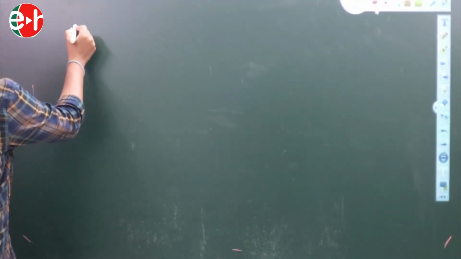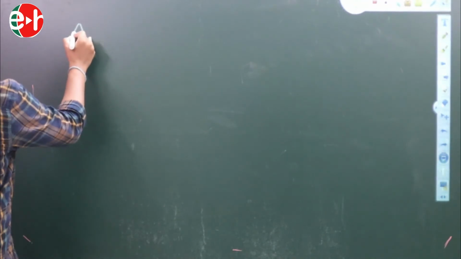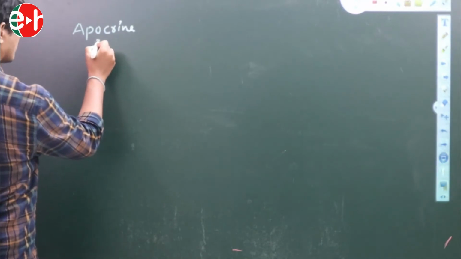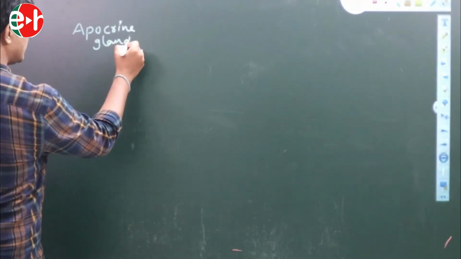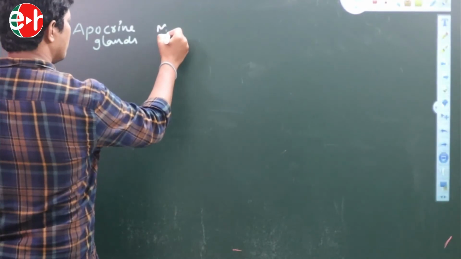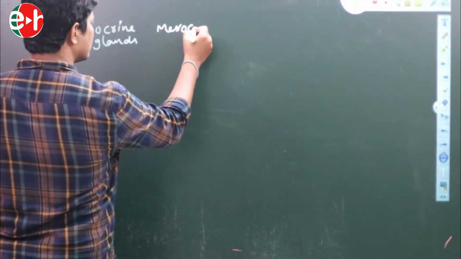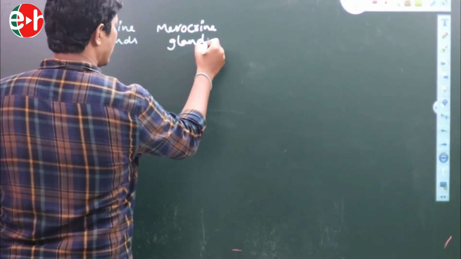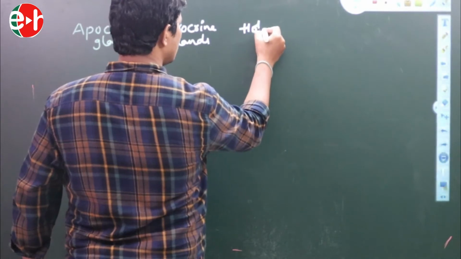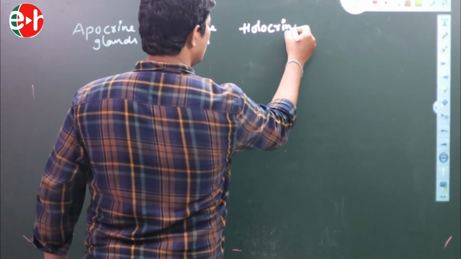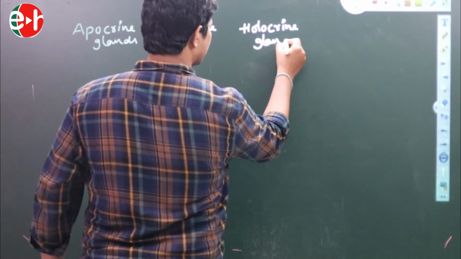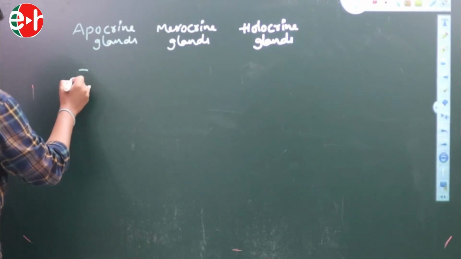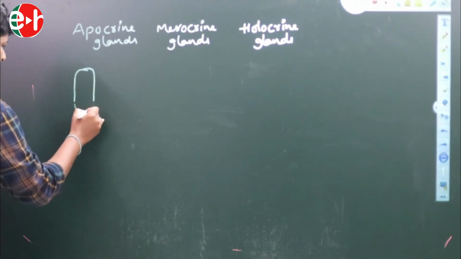Here one more, these glands: apocrine glands, merocrine glands, and the last one is holocrine glands. Apocrine glands, here in the mammary glands, this is the gland.